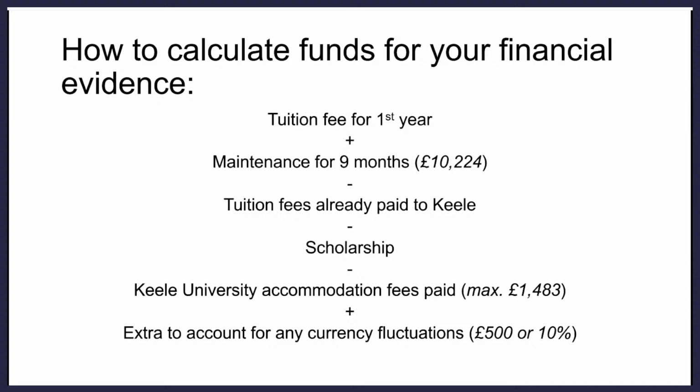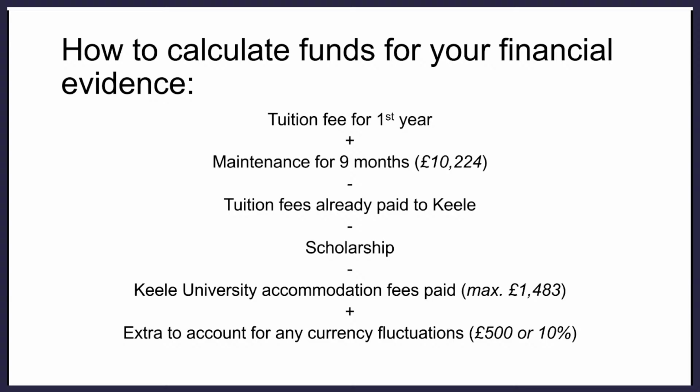So if your course is for 2 or 3 years, don't worry about year 2 and 3. We're just interested in the first year tuition fee. Then you can minus off that your deposit, whether that's £4,000 or maybe you've paid a bit extra, whatever you've already paid to the university. If you've been given a scholarship by the university, then you can also minus that from the amount you need to show.